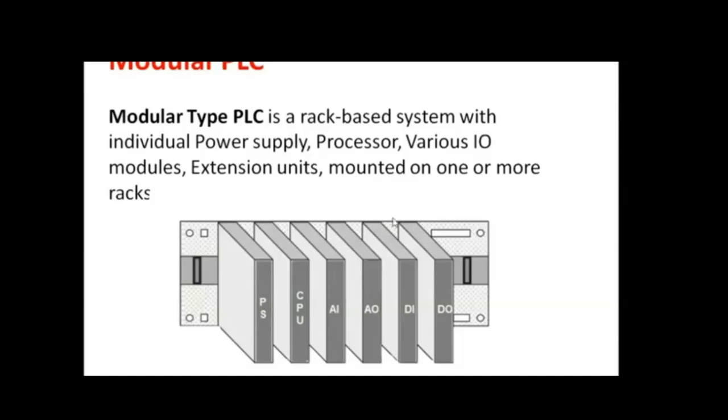All the modules inside the rack get power supply through this rack only. We also call it the backplane. The backplane is used to transfer power supply to all the modules, and it also transfers all the signals from the CPU, and the signals from the analog input module to the CPU. All these things are done using the backplane or rack itself.